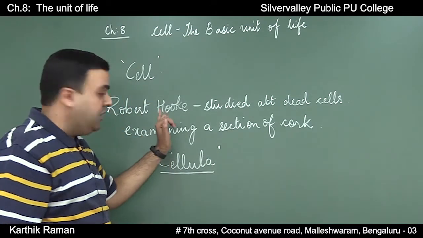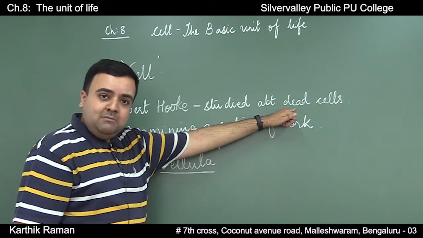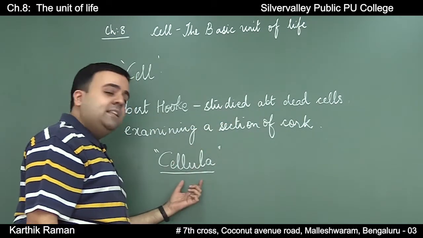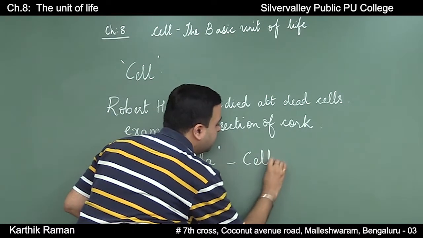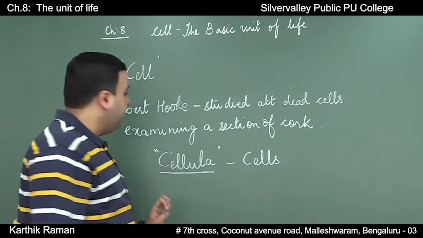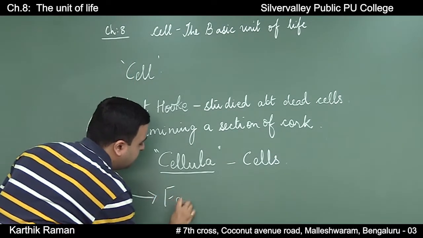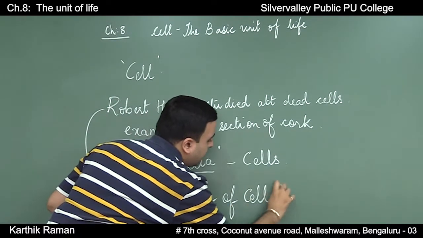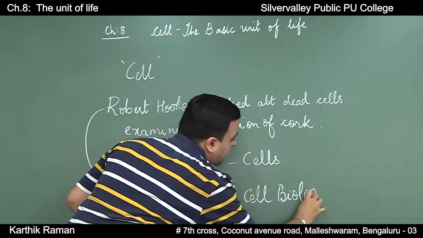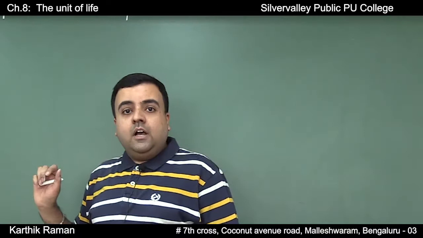So Robert Hooke was the first scientist to observe the dead cells under the microscope, and he coined the term cellula, which means cells. Therefore, Robert Hooke is rightly labeled as the father of cell biology.